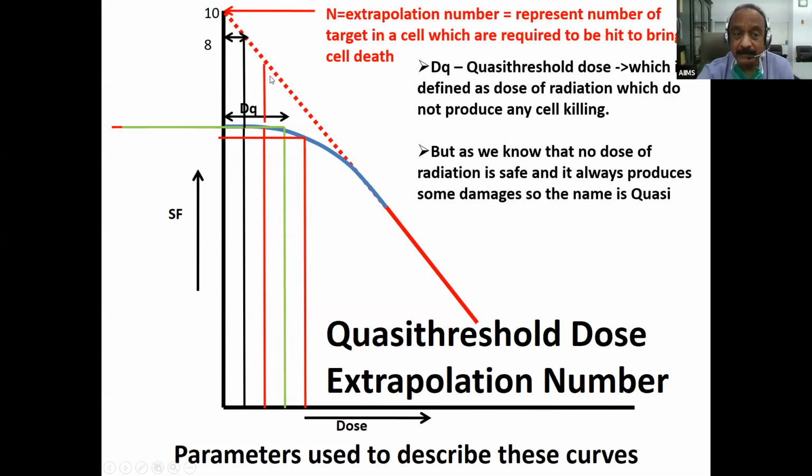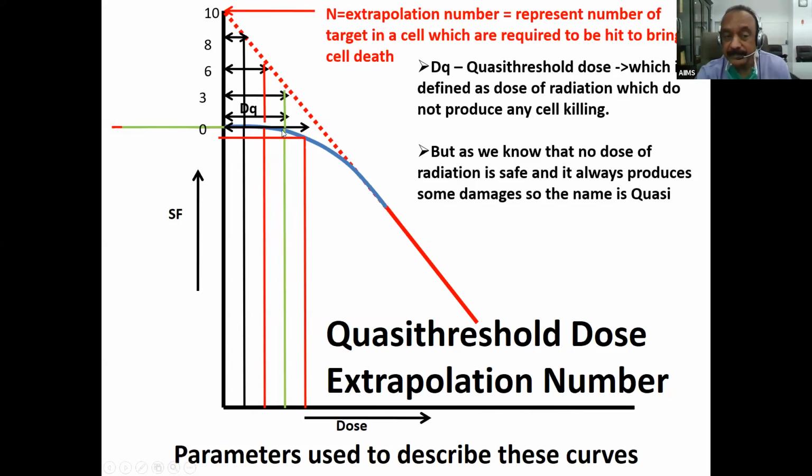At this dose, some more targets are deactivated, say 4 targets, but still 6 targets are surviving. That is why again there is no reduction in survival fraction. Here more targets are deactivated, but still 3 targets are surviving, and that is why there is no reduction at this dose also. But this dose is such a high dose that we presume all the targets are hit and no target is surviving.